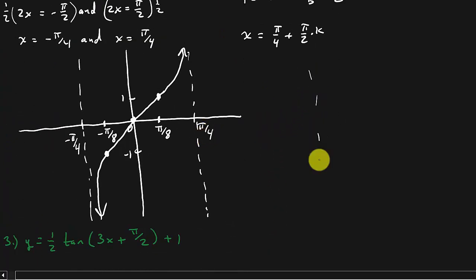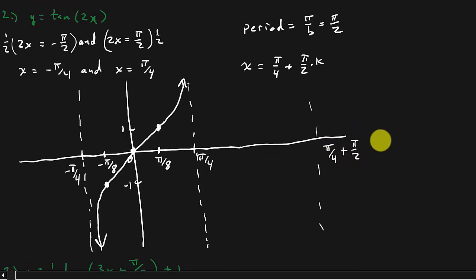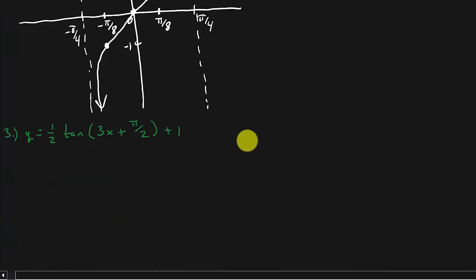To get to this one, if I drew this out, this would be pi over 4 plus the pi over 2, plus that period. And so that would be what? 3 pi over 4? Yeah. So this would be 3 pi over 4 right there. And that's what I was talking about. All right, so let's move to the next one.